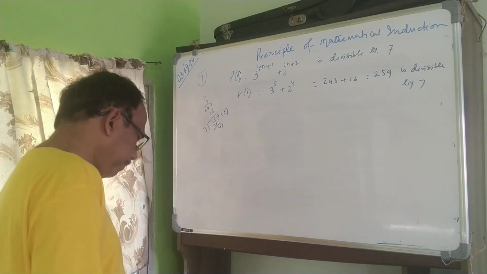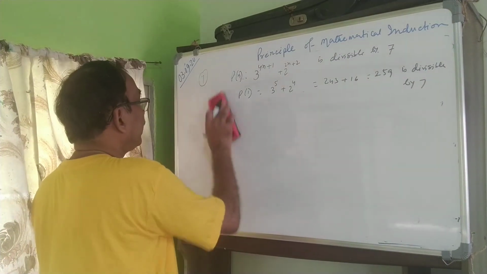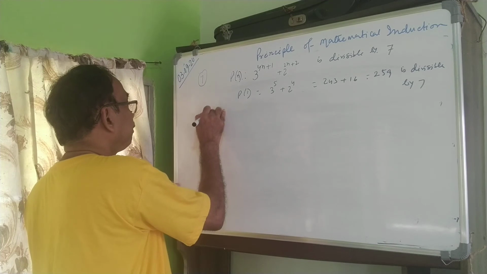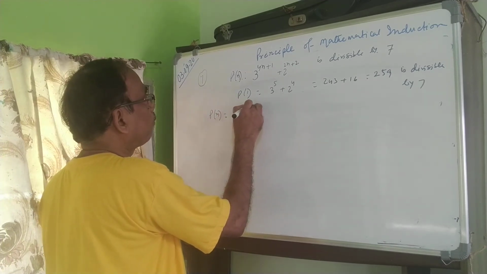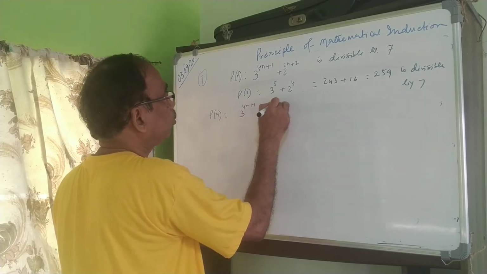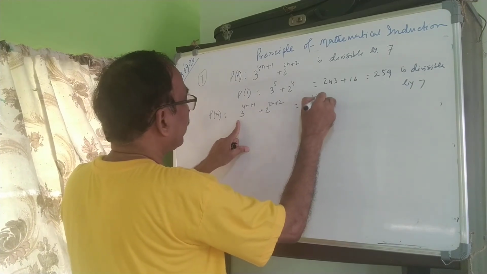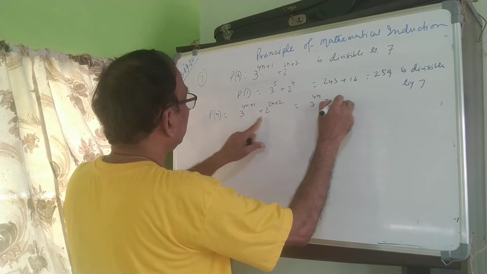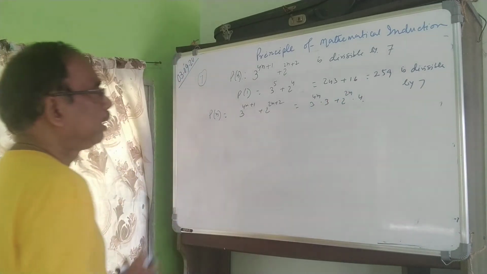Now let Pm be true, then Pm equals 3 to the power 4m plus 1 plus 2 to the power 2m plus 2. We can write it as 3 to the power 4m into 3 plus 2 to the power 2m into 4. Keep it like this.